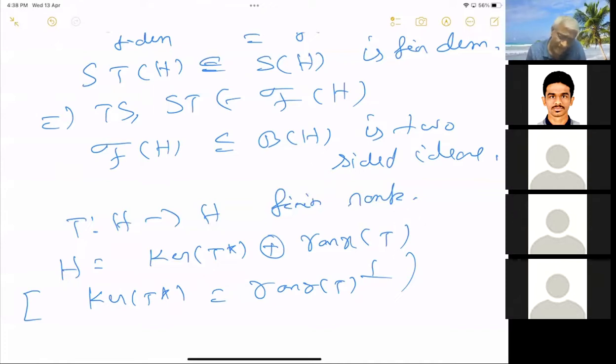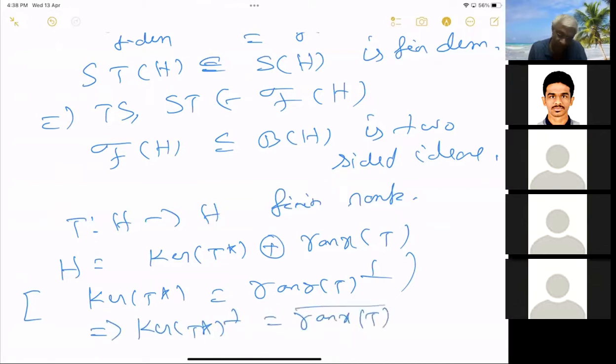But since it is finite dimensional, this will imply that kernel of T star perp is equal to range of T closure. But since it is finite dimensional, the range is already closed. Any finite dimensional subspace is closed. So H is equal to kernel of T star plus range of T, which is a closed subspace.